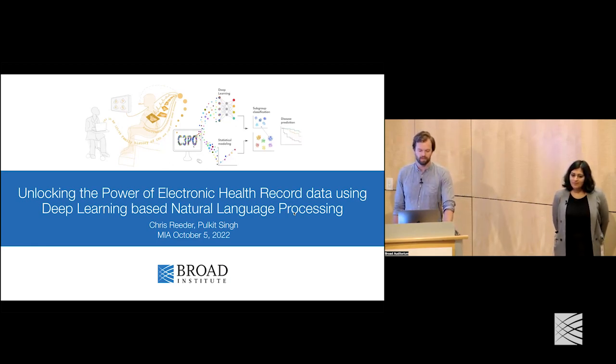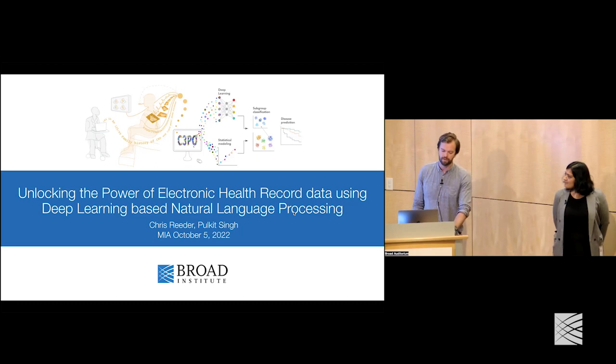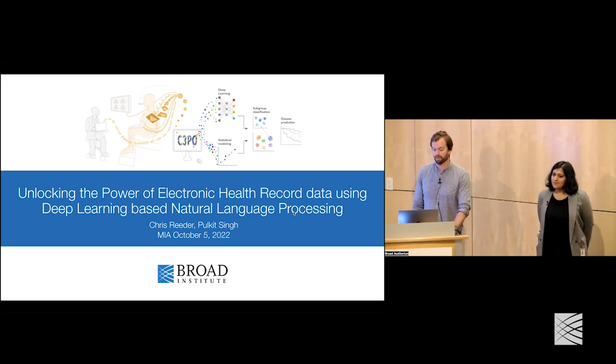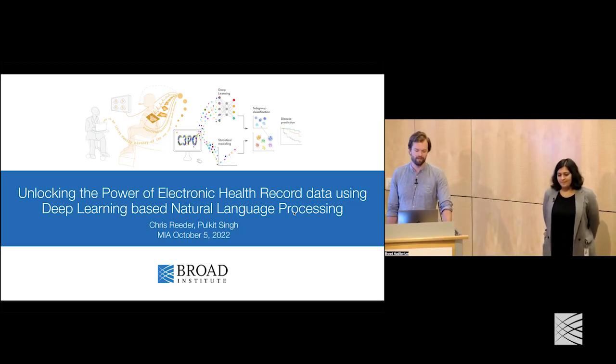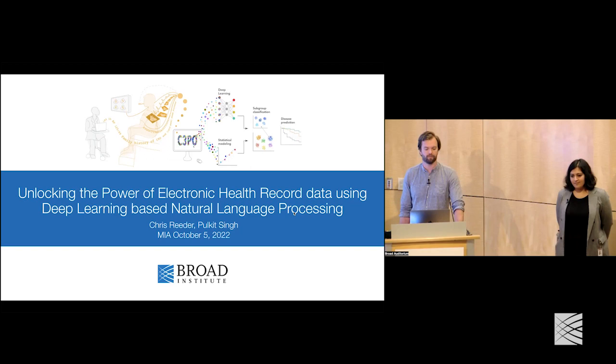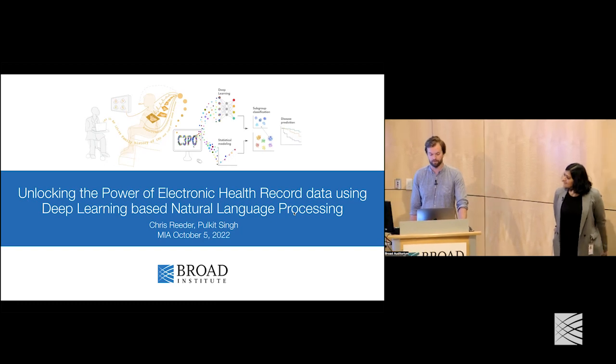I'll start out with our group, Machine Learning for Health's, general strategy and approach to research, talk about the data that we've collected and how we plan to use it, and then some of the challenges that we've discovered when trying to work with these data, and a natural language processing framework that Pulkit and I and our group have developed to help alleviate some of these problems.